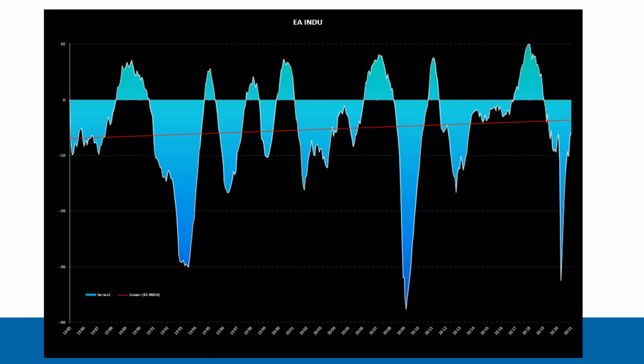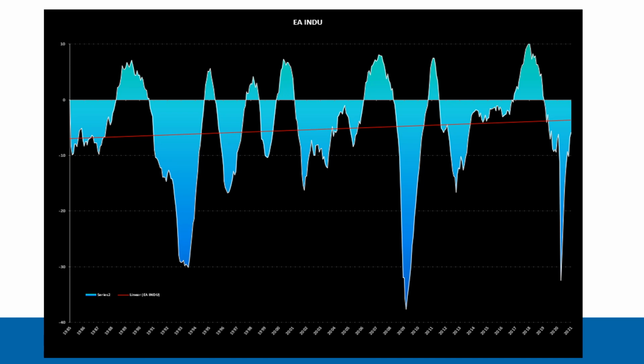Now, a couple of things to note here. If you look at the scale on the left-hand side, you'll see the zero bound level, and you'll see positive 10 in the upper scale, and negative 10, negative 20, and negative 30. And you'll notice that we haven't included positive 20 and positive 30 on the positive scale, because there haven't been any readings that high since data began in 1985 for the industrial confidence indicator.